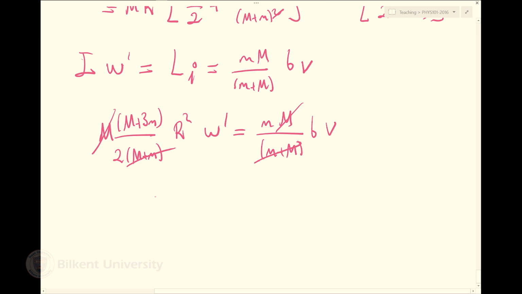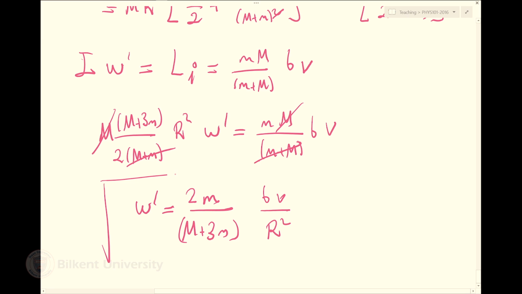So omega prime is what? Omega prime is m divided by capital M plus 3m times 2 b v divided by r squared. Did I reach my goal? Yes, I did. Everything here was given.